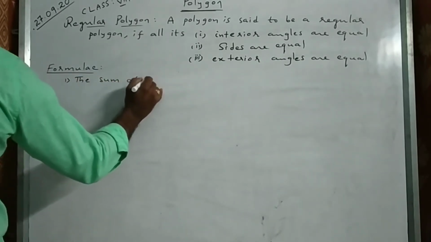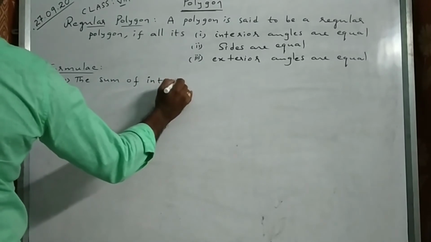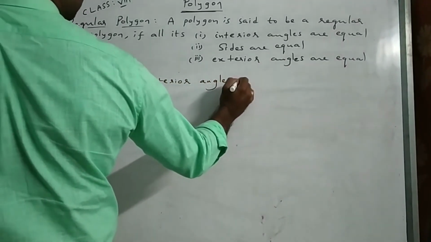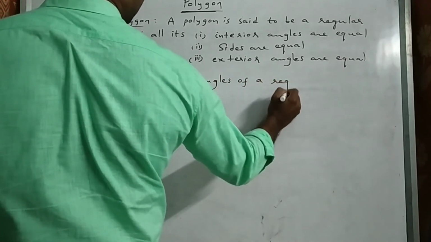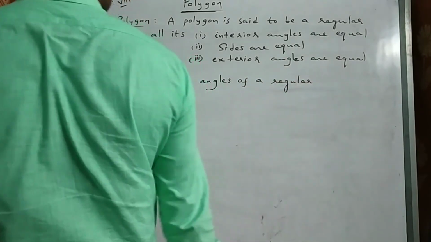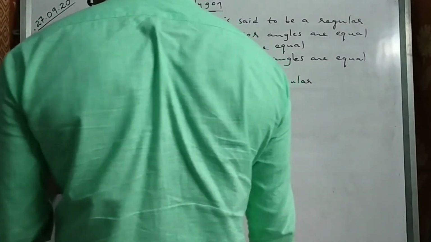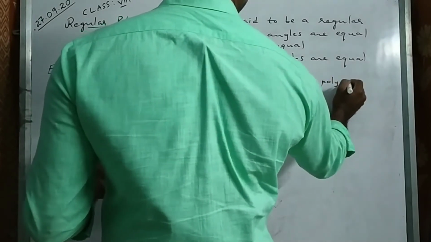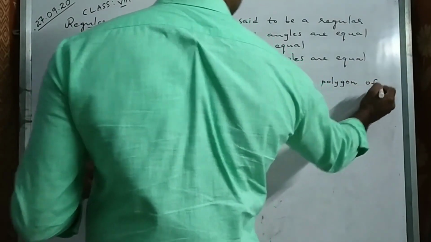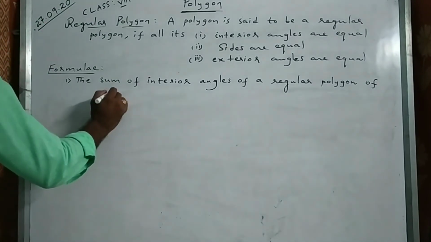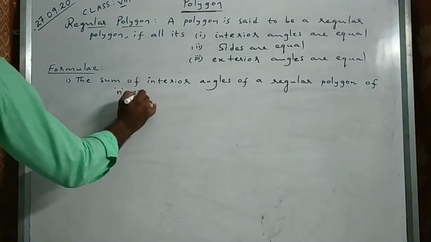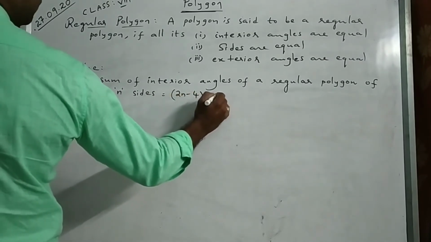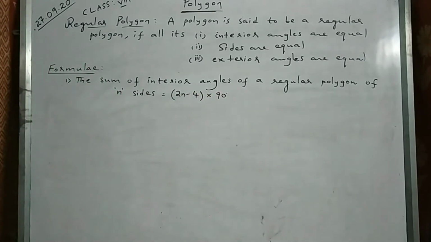The sum of interior angles of a regular polygon of n sides is equal to (2n minus 4) into 90 degrees.